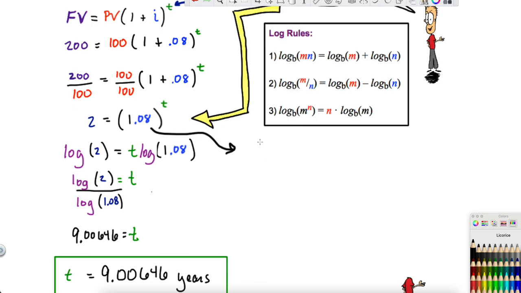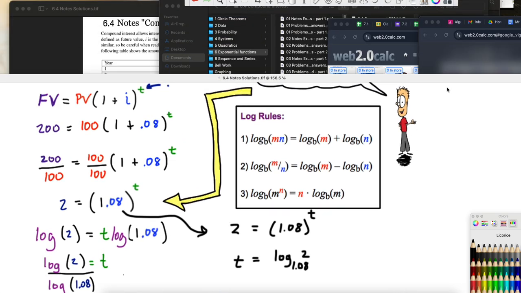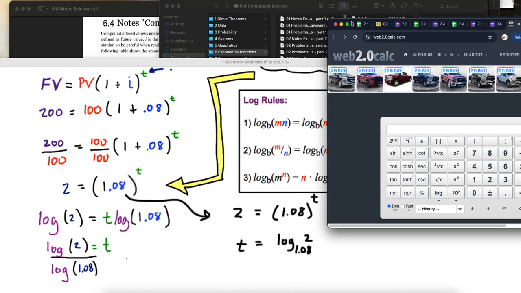So if I take 2 equals 1.08 to the t power, let's write this as a log. The exponent is t, so t is going to be equal to log with the base 1.08, and 2 is what we're taking the log of. So t equals log base 1.08 of 2.